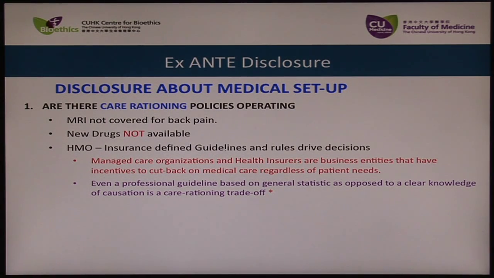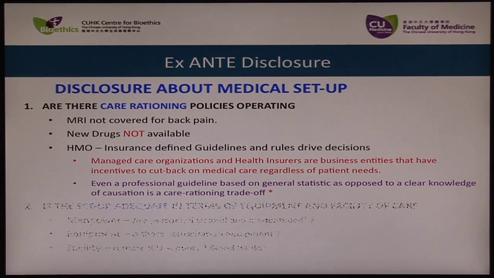Good example, an MRI is not covered for back pain. New drugs are not available in the hospital. There are HMO or insurance-driven guidelines, and one must remember these are organizations that have incentives for their own benefit, not necessarily only for patients' benefit. So these are examples where we need to disclose this information to patients so that they understand.